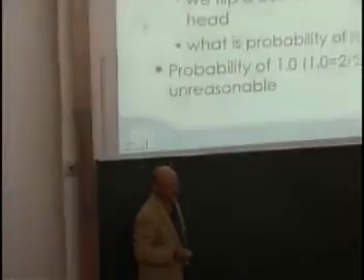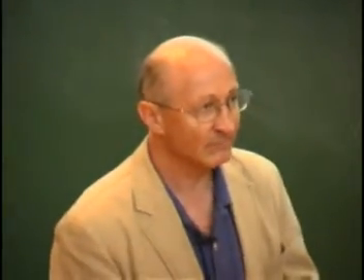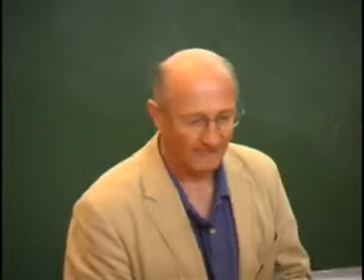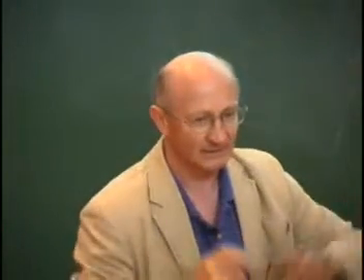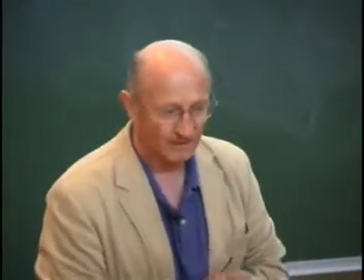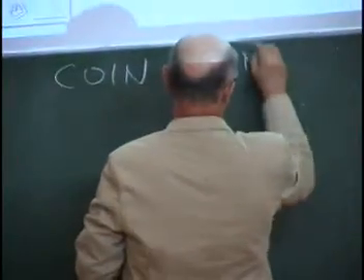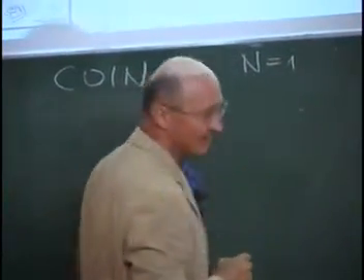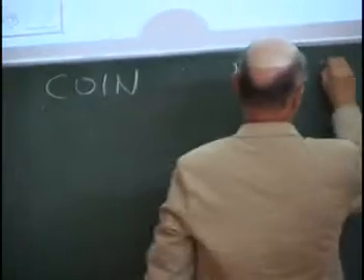You flip the coin, and you observe whether it showed the head, and you would like to determine the probability of the head. And we all know this is approximately 1/2, or probably exactly 1/2. But suppose you make one experiment. I will write capital N equals 1, and there was one success.